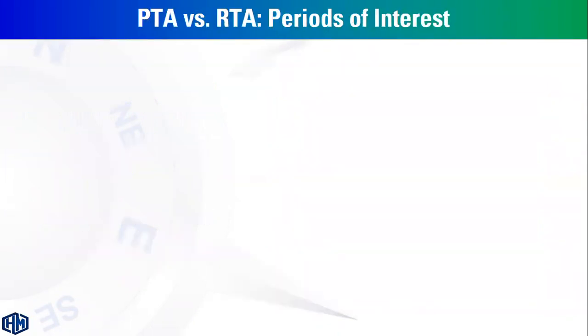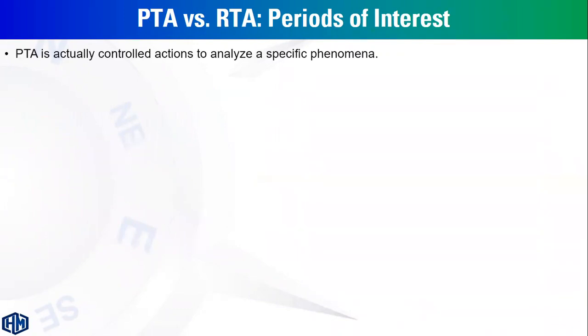Now the basic comparison between pressure and rate transient analysis, the main period of interest. In PTA, we have actual control of the well to characterize a specific phenomenon, like a specific sequence of tests during PTA, such as the isochronal test, modified isochronal, or flow after flow and so on.